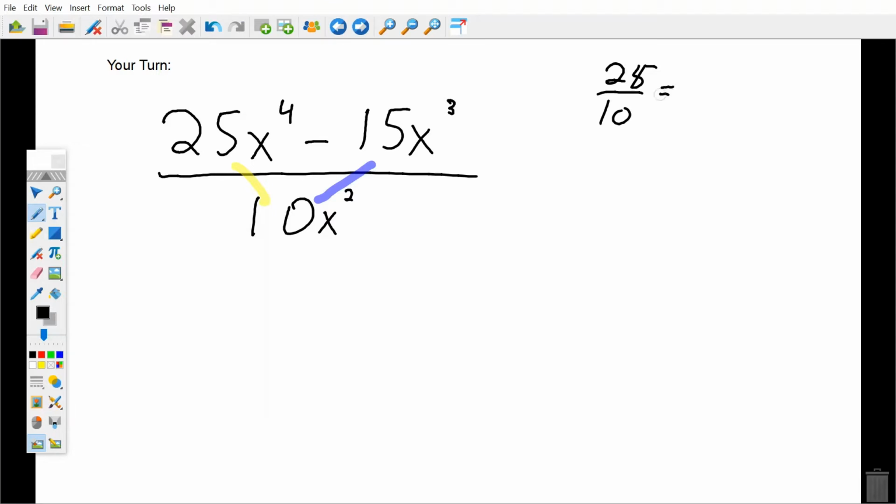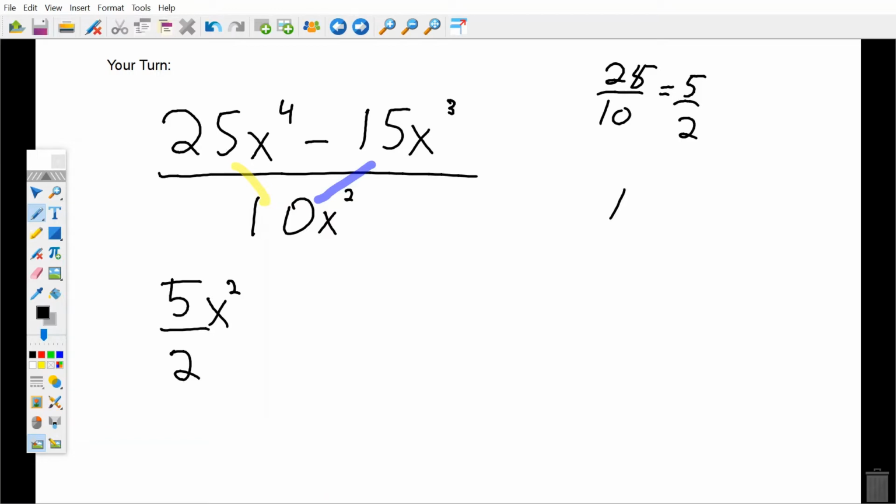So if we simplify that, we'll get 5 over 2. And then the exponents, 4 minus 2 is 2. So we have 5x squared over 2 for the first part.